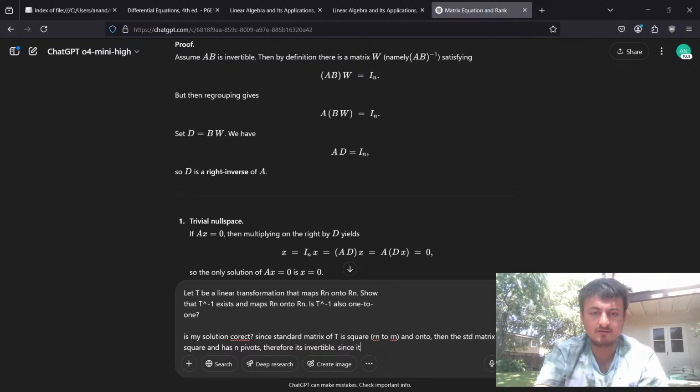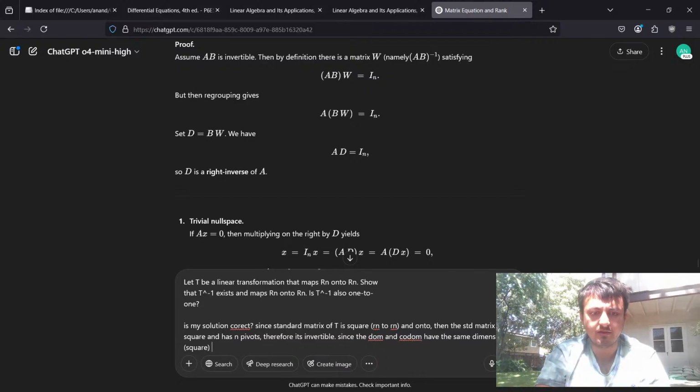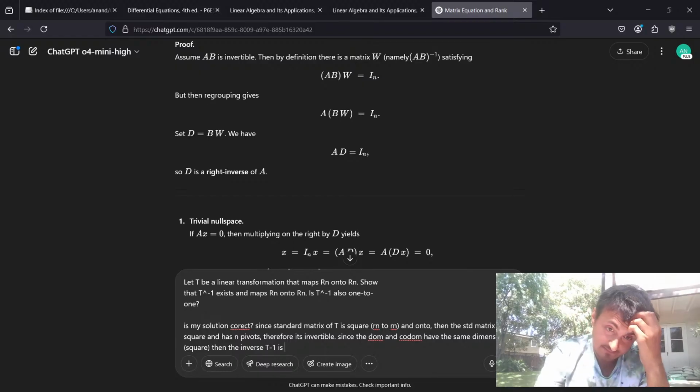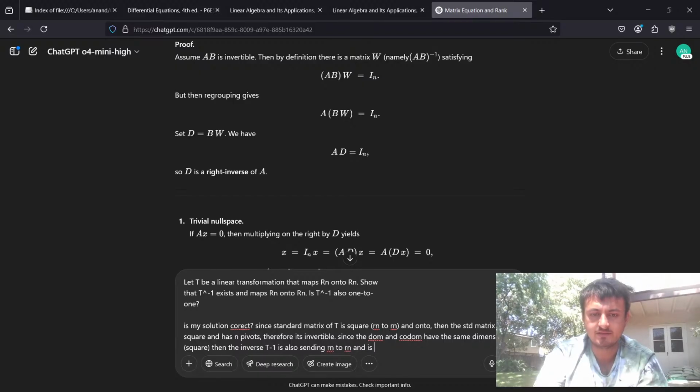Since the domain and codomain have the same dimension, square, then the inverse T minus 1 is also sending Rn to Rn and is invertible and onto.